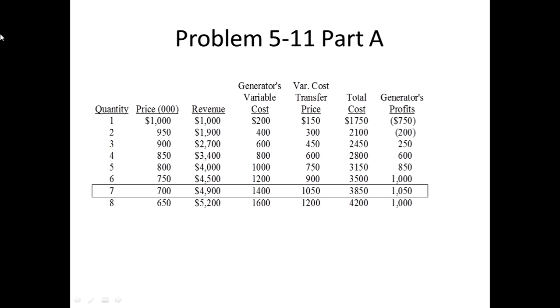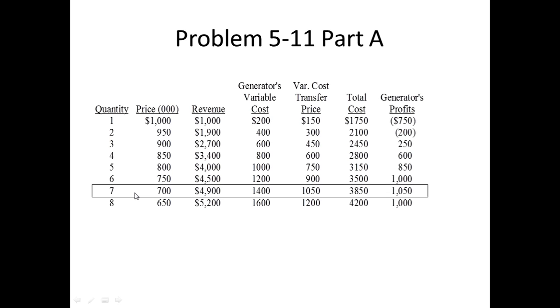Both division managers, both the turbine division and the generator division, which buys the gas turbines, are rewarded as profit centers. Now, if the transfer price in Part A of the turbines is set at the turbine's variable cost, how many turbines will the generator division purchase to maximize its profits?